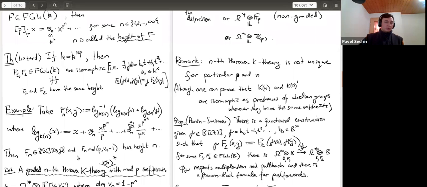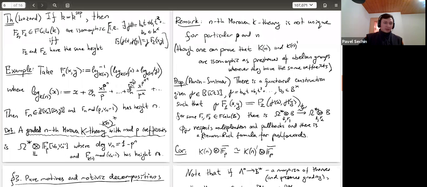And if you take this formal group law modulo p and you send, say, v_n to 1, then you get a formal group law of height precisely n. But this is just an example. There are many other examples which are not isomorphic to this one over Z or over F_p.